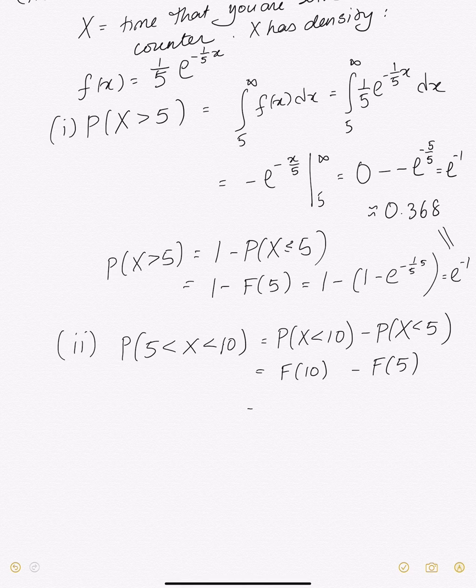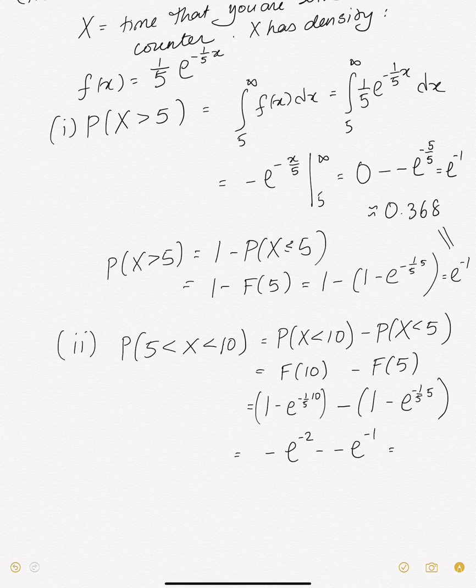Okay, so that is 1 minus e to the minus 1/5 times 10, minus 1 minus e to the minus 1/5 times 5. All right, so that's minus e to the negative 2 minus of minus e to the negative 1.